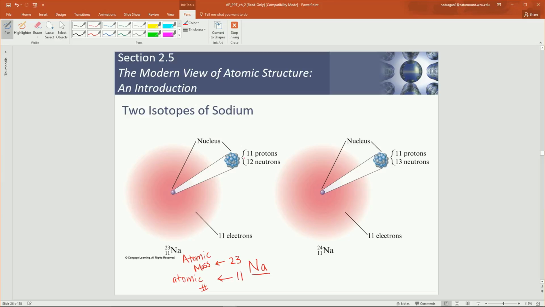The difference between these two is the neutrons. The one on the left has 12 neutrons, and the one on the right has 13 neutrons. The way that we can calculate how many neutrons it has is by looking at the atomic mass. For the one on the left, the atomic mass, which I'm going to abbreviate AM, is 23, and the number of protons is 11.